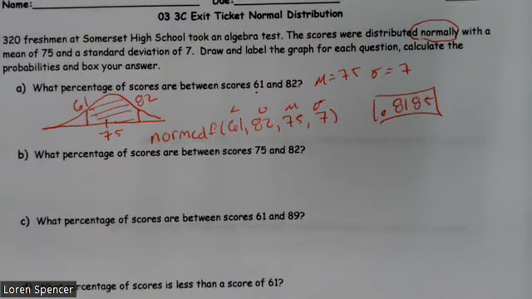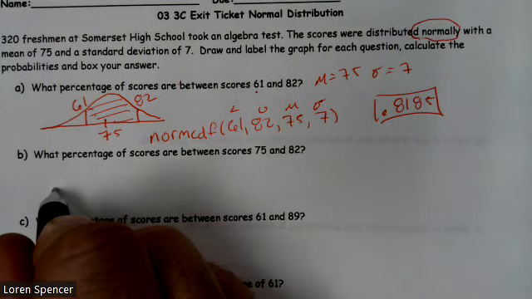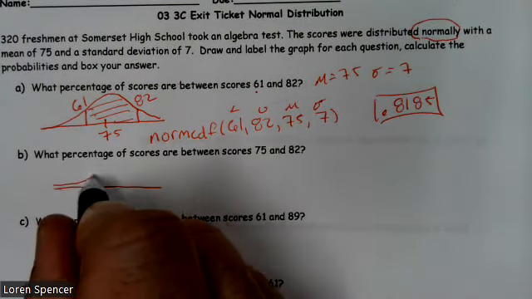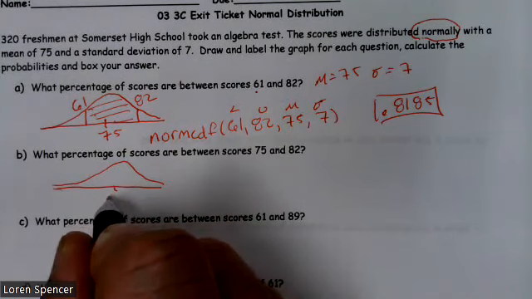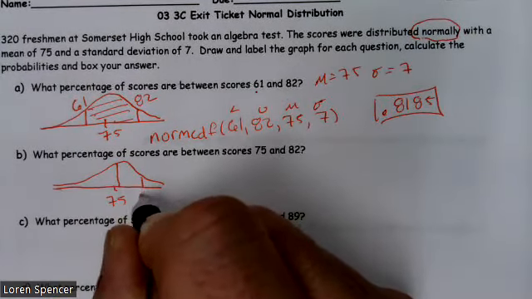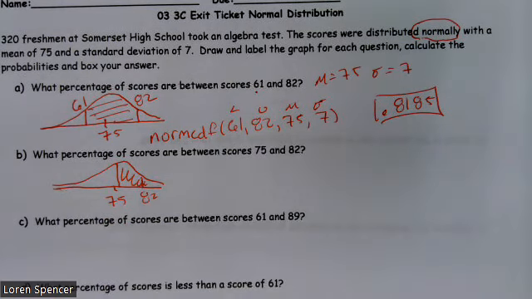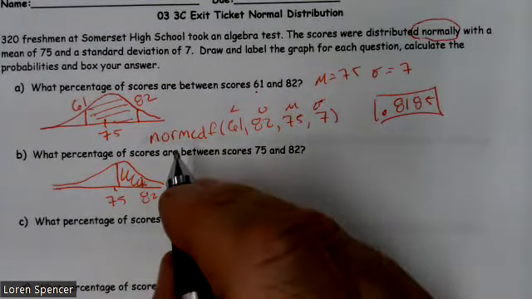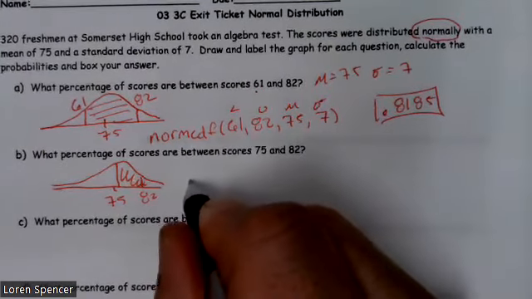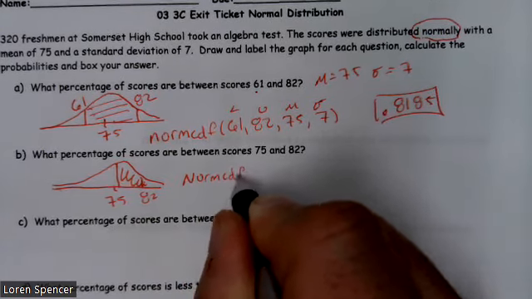What percentage of the scores are between 75 and 82? So once again, our mean is 75, but we're going to go from 75 to 82. This is a normCDF because we're working with a normal.